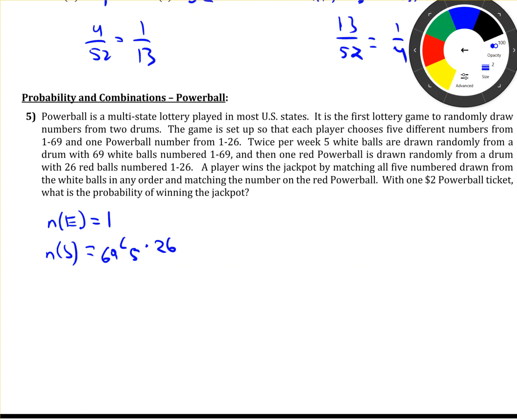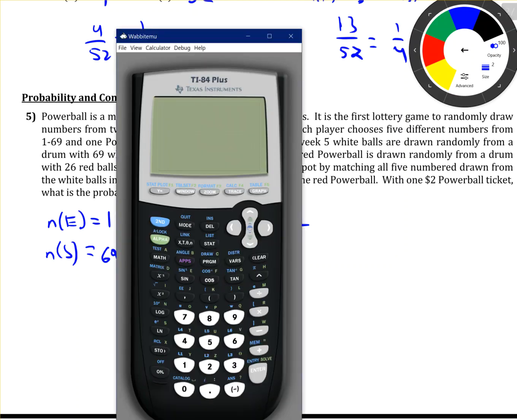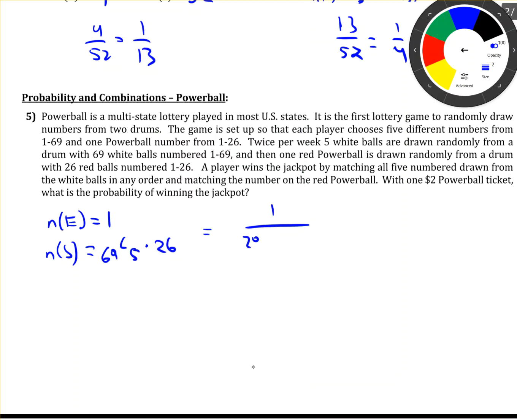So that's our denominator. So we have 1 over, and if we just do 69 C 5 times 26, we get 292,201,338.